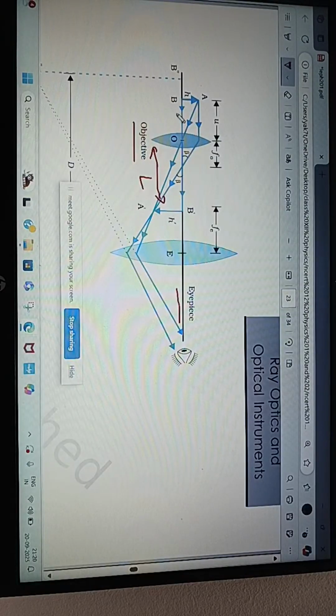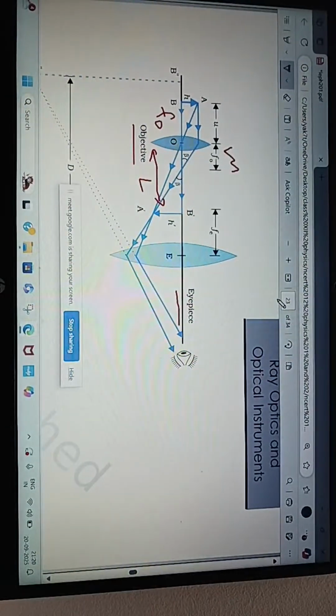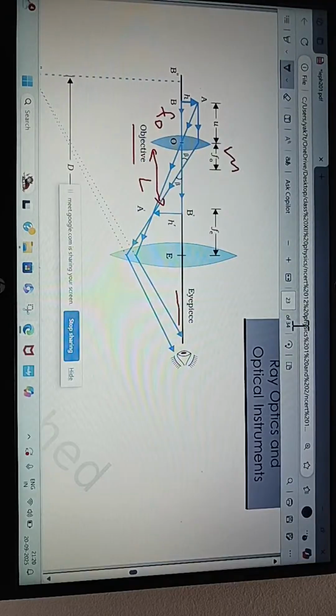H dash by h is equal to L by f0. That is the first magnification. First magnification M0 is magnification of objective, which is equal to L upon f0.